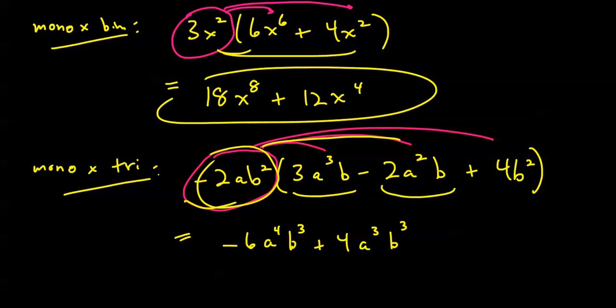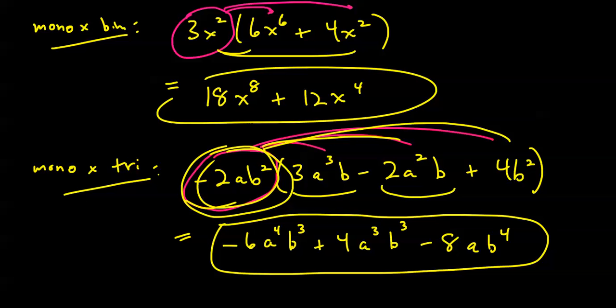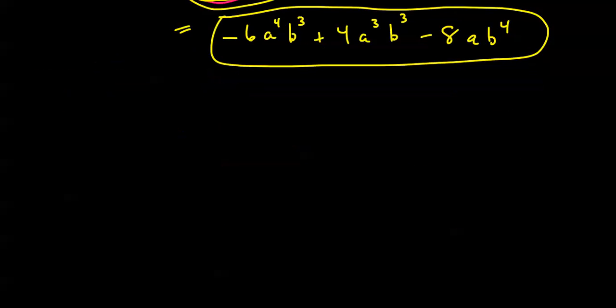So I'll get plus 4a cubed b cubed. And again, this monomial times this last factor will give me a minus 8ab to the 4th power. So there's my final return: minus 6a to the fourth b cubed plus 4a cubed b cubed minus 8ab to the fourth. Alright, how about a monomial times any polynomial?